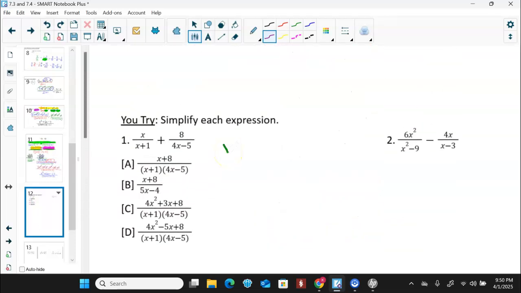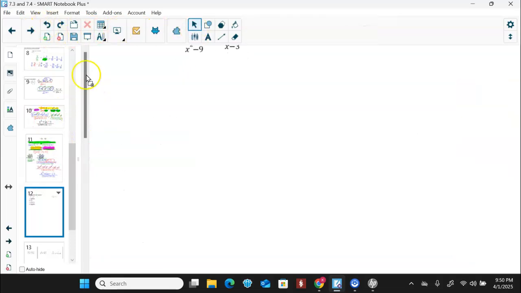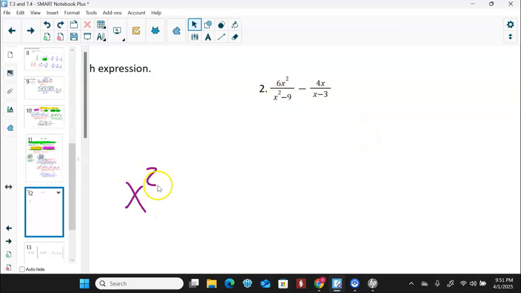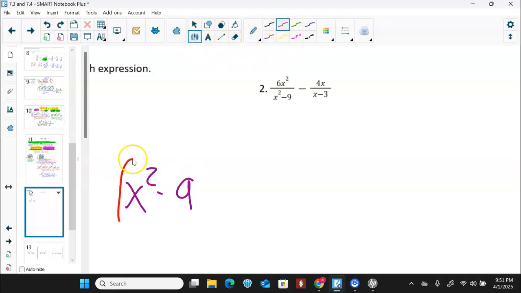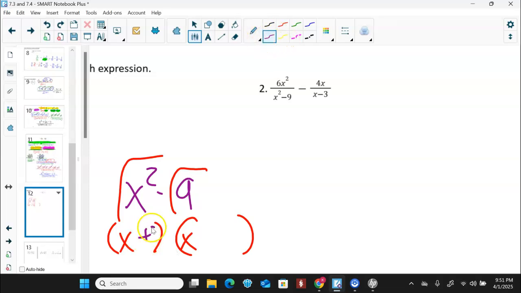All right. Now, the last one right here. So for this one, you need to factor the bottom. Just a reminder, x squared minus 9, when you square root that, you're going to get two x's, because x times x is x squared, and you're going to get positive and negative 3, two of them.